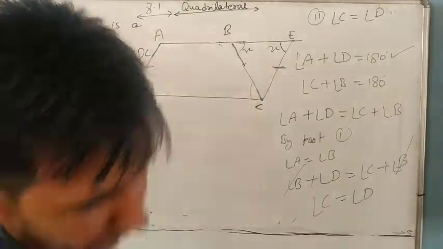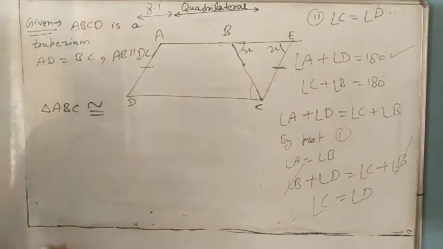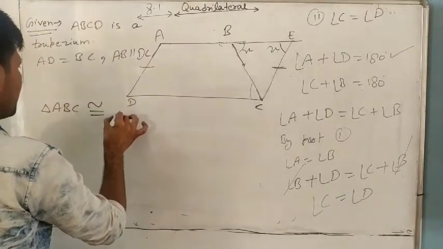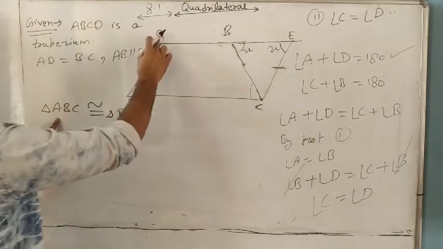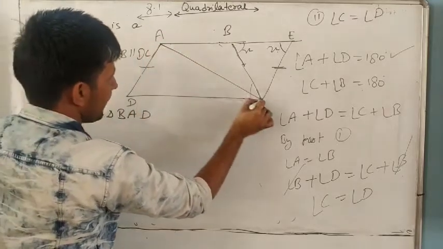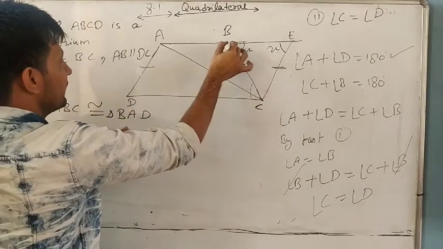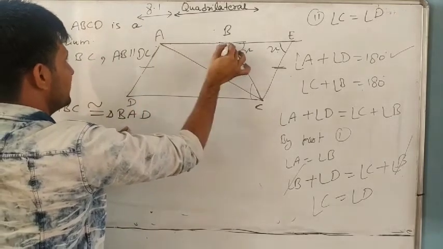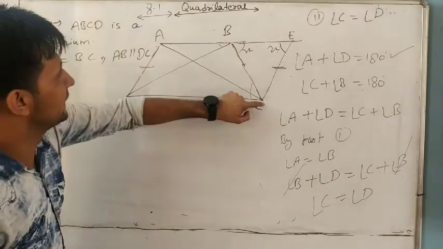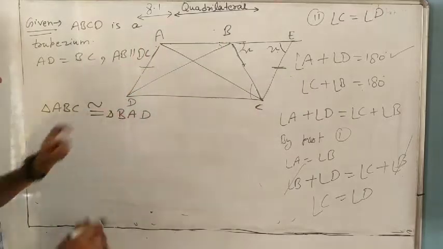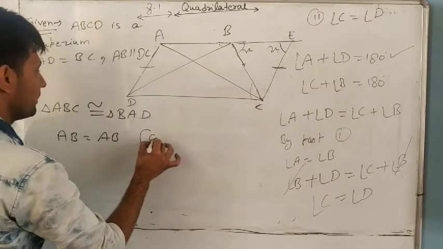Now the third part: triangle ABC is congruent to triangle BAD. So in triangles ABC and BAD, AB equals AB, common.